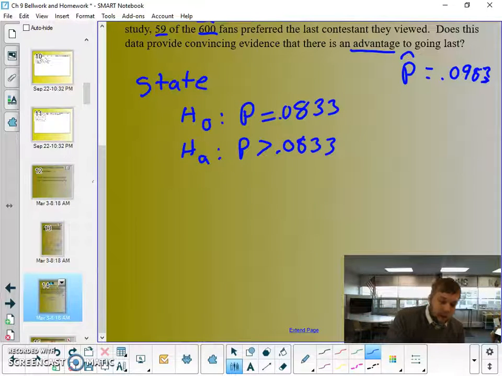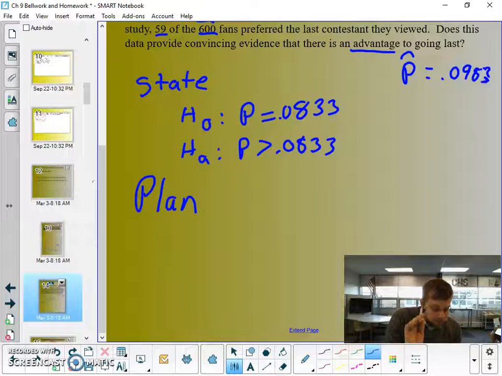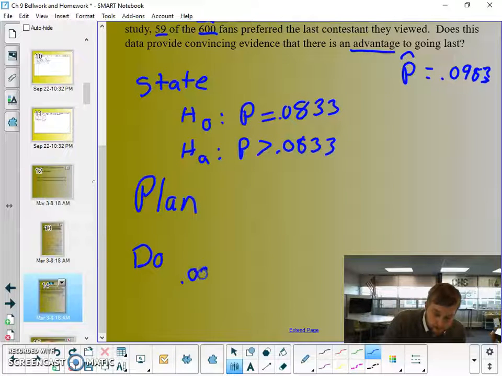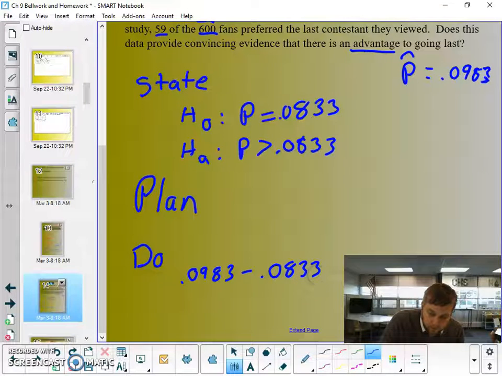We'll go through the plan. Don't forget to do your plan. I'm not going to do it, I'm just going to keep going. Let's go to do. Remember, your plan is normal, independent, random. So what I got, 0.0983 minus what I should have gotten, 0.0833, all over my standard deviation.